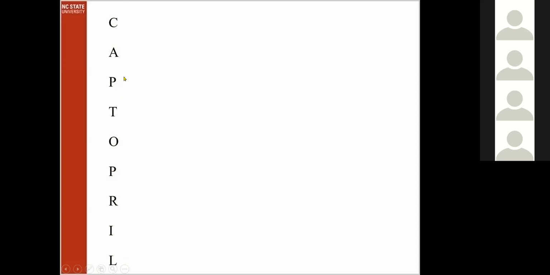So cough, angioedema, proteinuria, teratogenicity, hypotension, leukopenia, rashes, itching, and loss of taste. So the drug name itself we can remember the adverse effects of ACE inhibitors. It is not the drug, just a hint to remember.